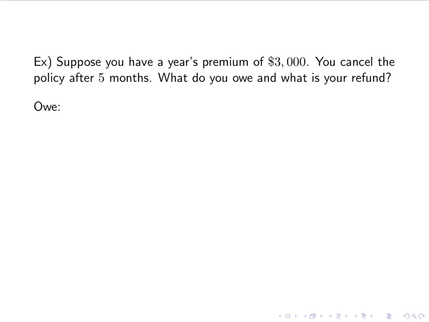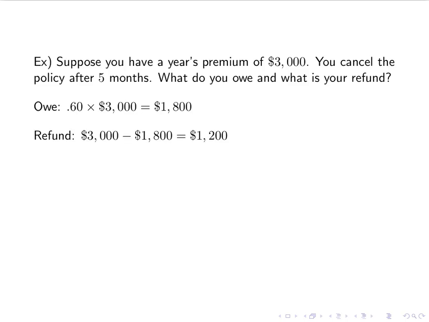So I go to the 5 months, and that is 60%. So I find 60% of my year's premium, which is $3,000, and that's $1,800. So of that $3,000 that I, in theory, already paid, I only owe $1,800. My refund is the difference. So I get a refund of $1,200.